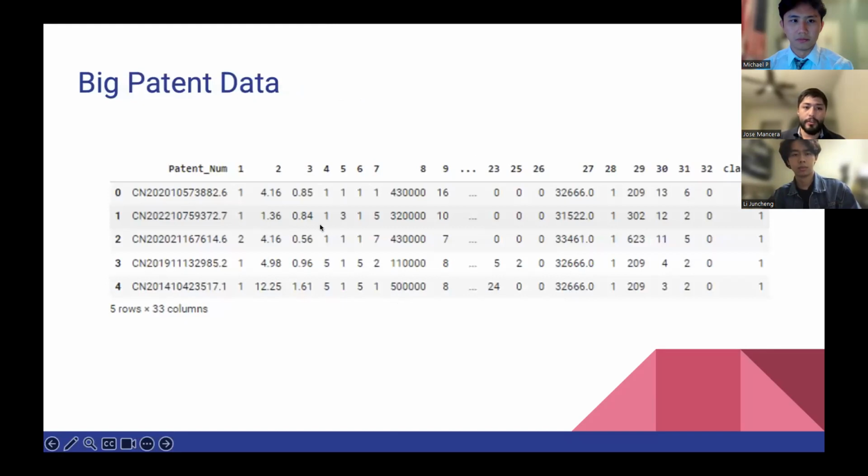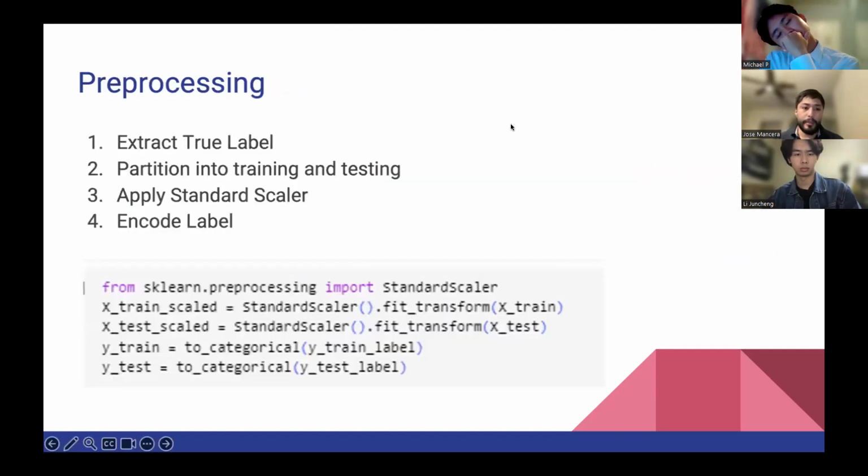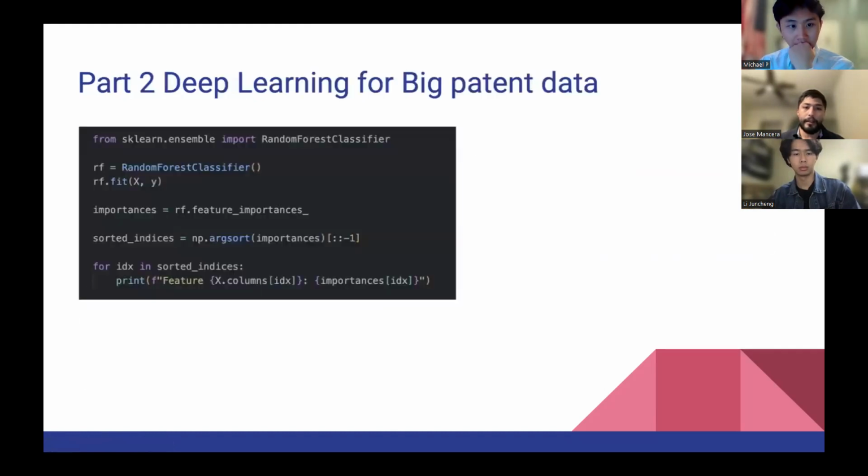So just to go over the data really quick, there were 32 main features, and then the class ID, which we use as the target variable for being high value or low value. Then I tried a feature importance score to see if any of the features stuck out automatically.